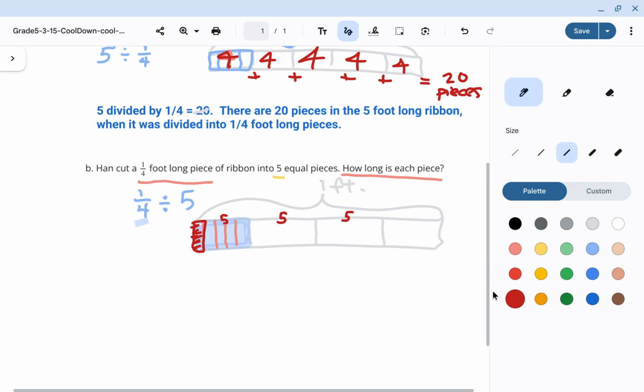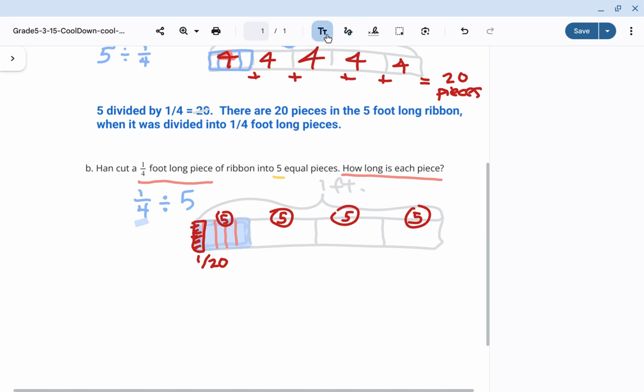This one would also be divided into 5 pieces, and this one would also be divided into 5 pieces. Now, if I thought about it that way, then this is 1 out of how many total pieces does the whole ribbon have? It has 5, 10, 15, 20. So this is 1 out of 20 for considering that entire length of ribbon, right? That's 1/20th of 1 foot. So that is where I find my answer.